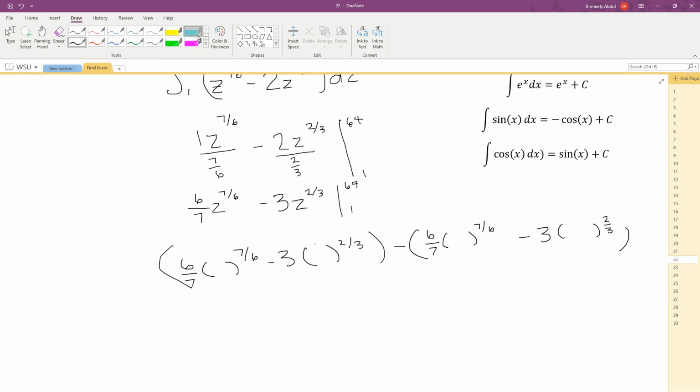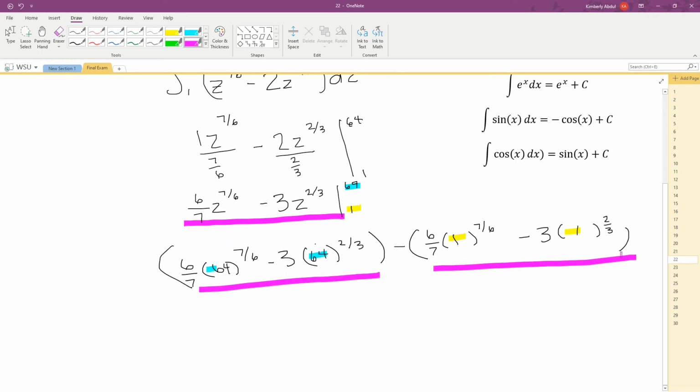Now, for the first one, I'm going to put in this number here, and then I'm going to plug in this number here and here. All right, so I'm going to put 64, 64, and then 1 and 1. So I basically repeat this function 2 times, right here and right here, with a subtraction sign in the middle, and then I just plug in the endpoints that I want.